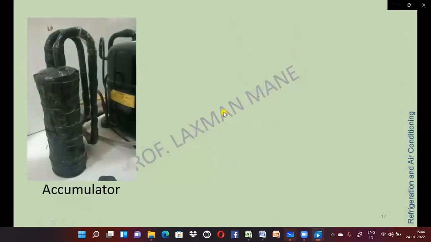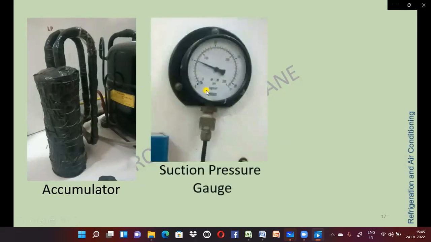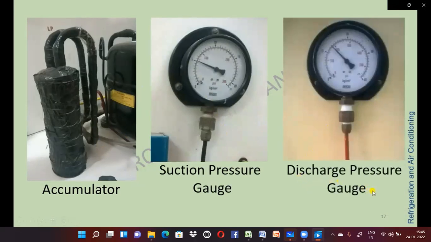The accumulator is provided before the compressor. It ensures only vapor passes to the compressor, thus dry compression is achieved. Suction pressure gauge gives the pressure reading at compressor entry. Discharge pressure gauge gives the reading of pressure at exit of the compressor.